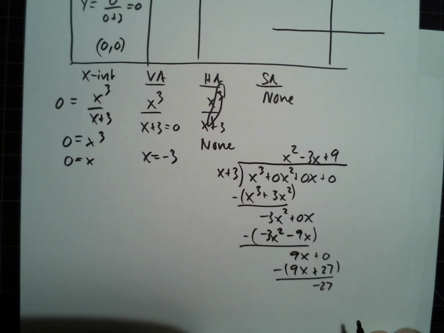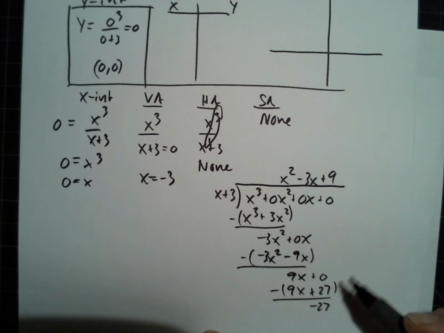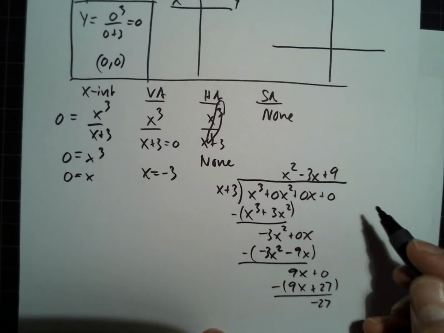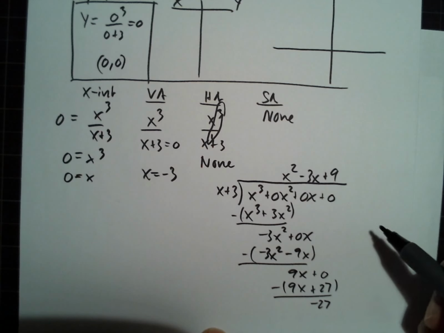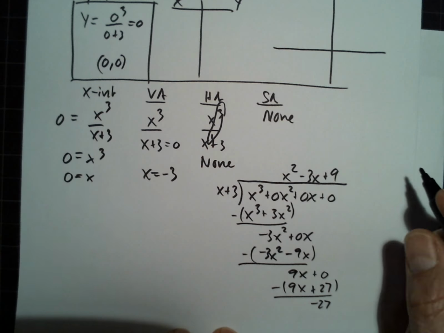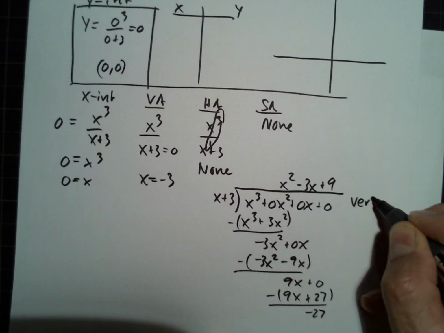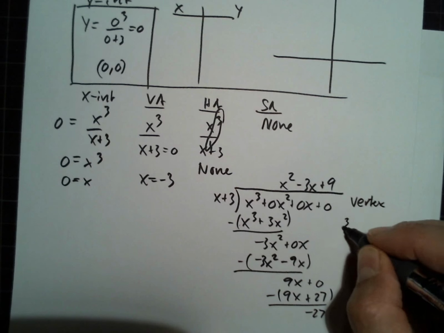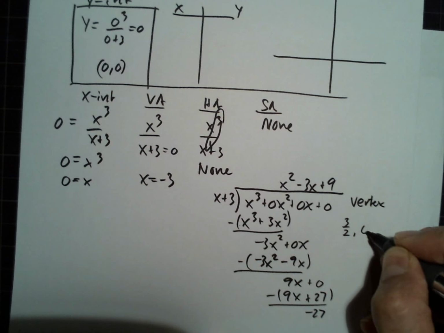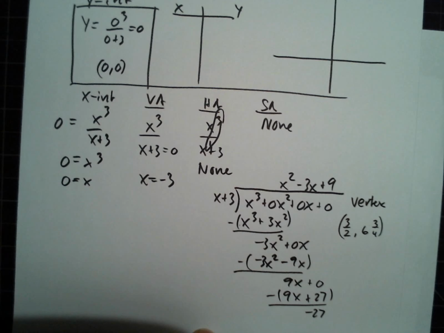And this works like the horizontal, same with the horizontal asymptote. We don't care about the remainder. This is going to be the equation of the parabolic asymptote. With a little extra work, we can see that the vertex of this parabola is going to be 3/2 and then 6 3/4. So that helps us sketch that graph.